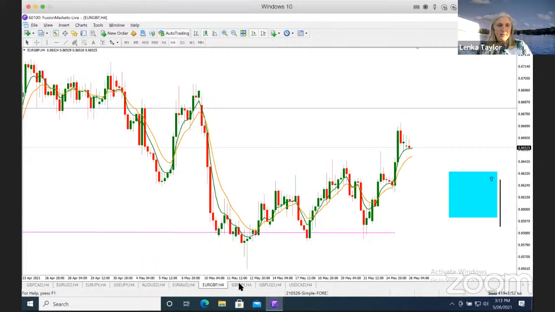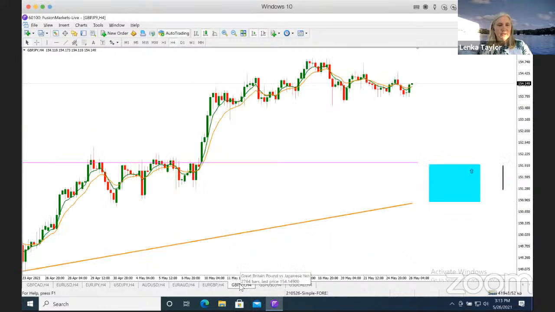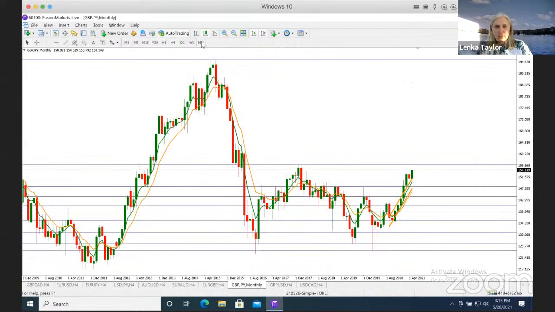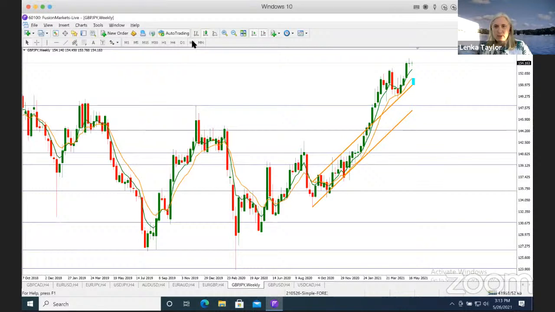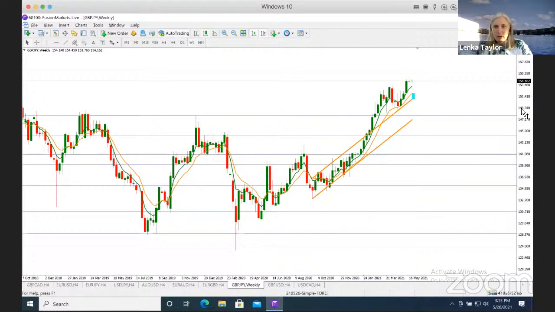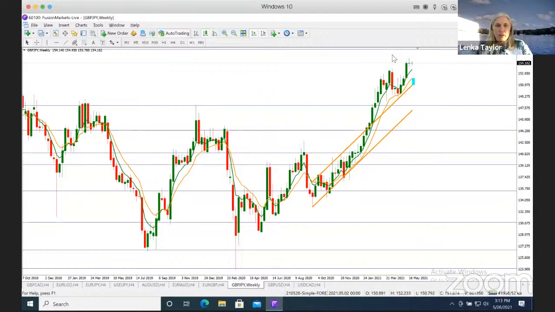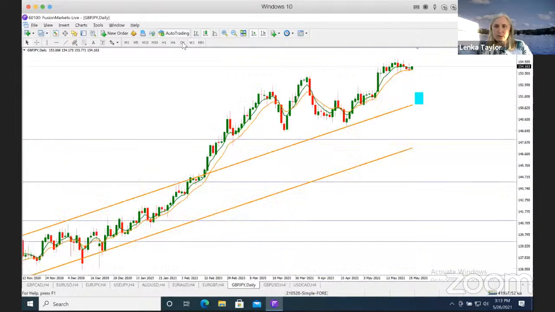All right, next currency pair I'm going to have a look at is GBP JPY. So this currency pair, I'm still looking for a long, but it is getting to that horizontal level. So we need to be careful in terms of how much room there is. On the daily, it's too high.